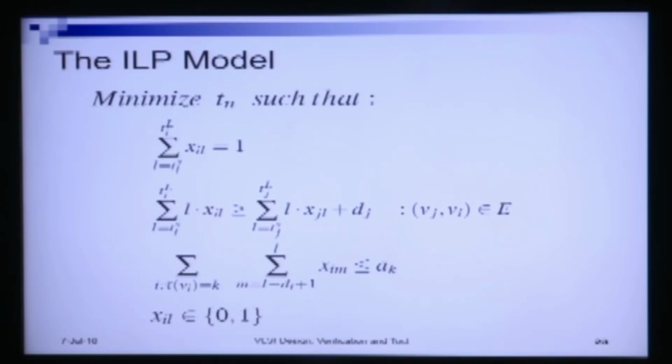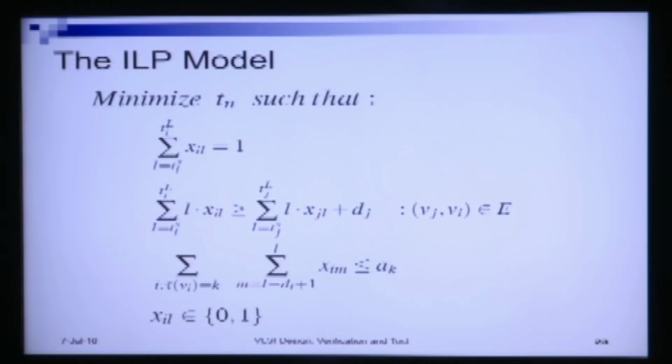If we minimize the start time of the sink operation, that means we are basically minimizing the length of the schedule, right. So, therefore, the final formulation becomes minimize Tn such that, and Tn can obviously be alternatively represented as summation over l equals to Tns to Tnl of l into xnl, the time at which Tn is scheduled, the start time of the nth node.